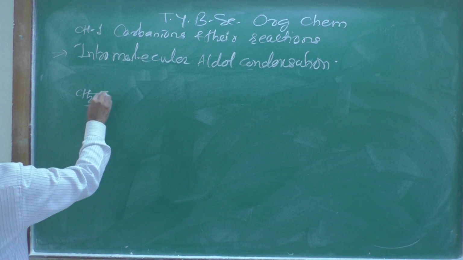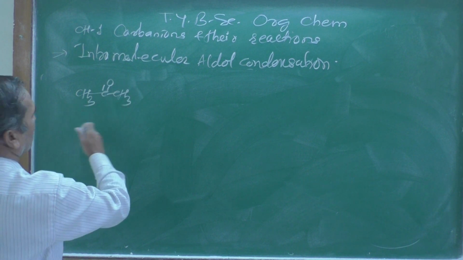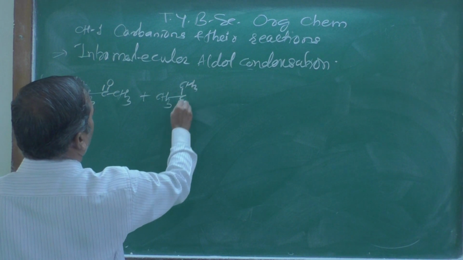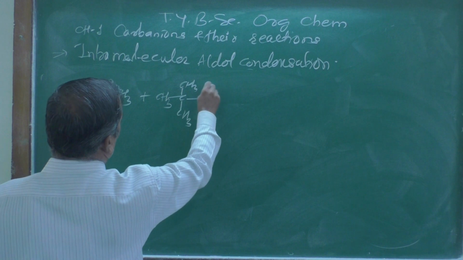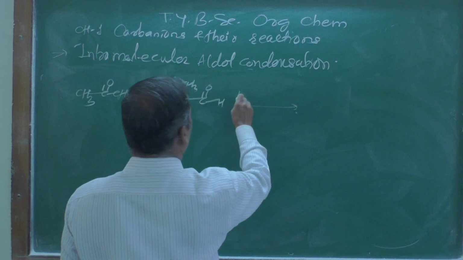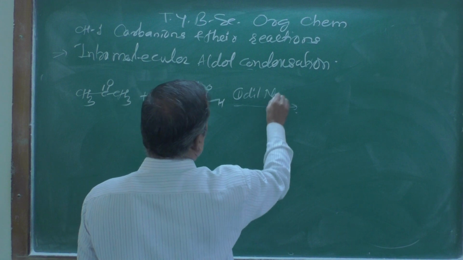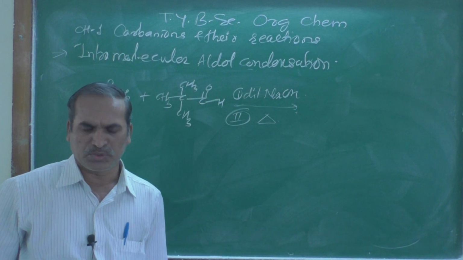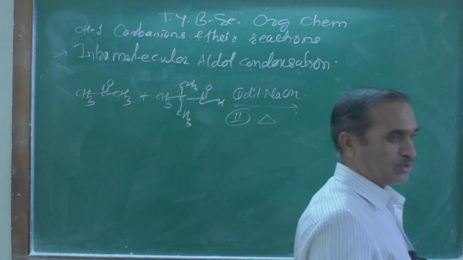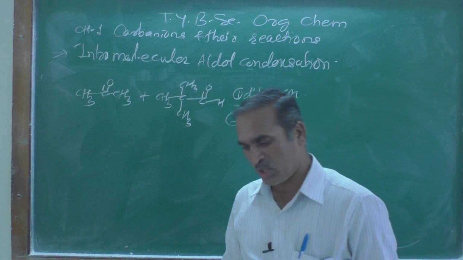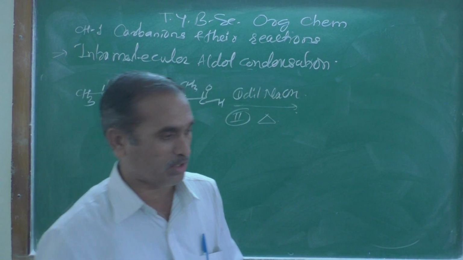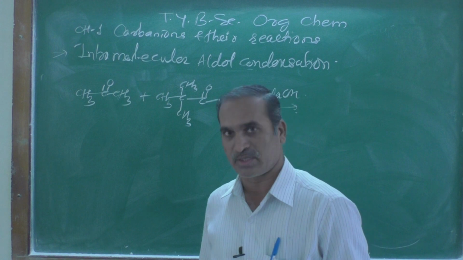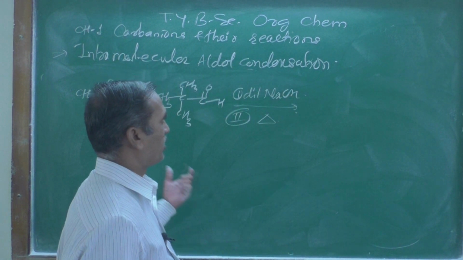Suppose you have CH3 C double bond O CH3, and another compound, CH3 CH3 C double bond O H, treated first with dilute sodium hydroxide NaOH, and second with heating. Your job here is to predict the product. When you know the mechanism behind it, then you can predict the product. Otherwise it is very difficult.